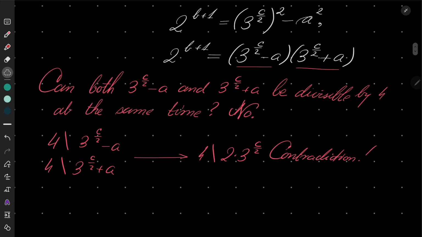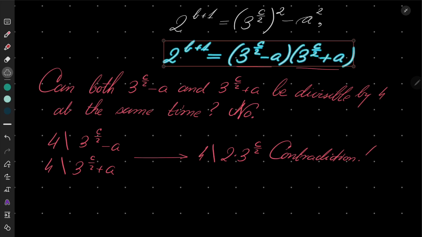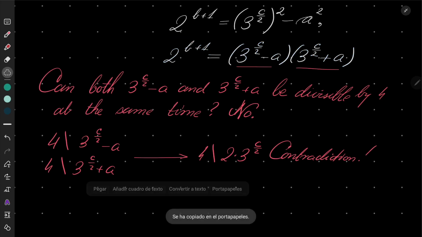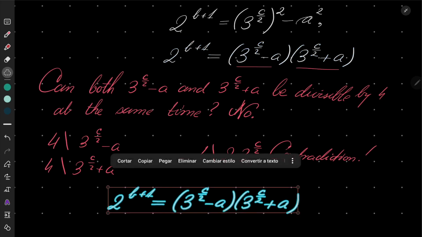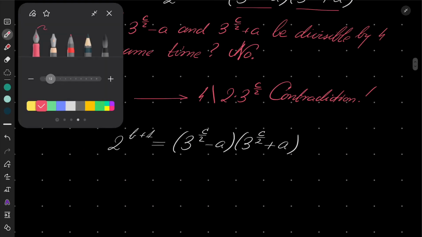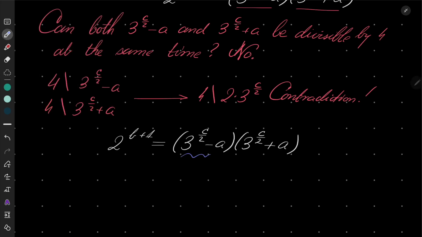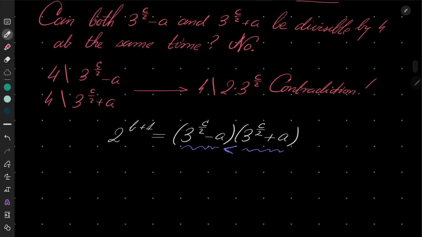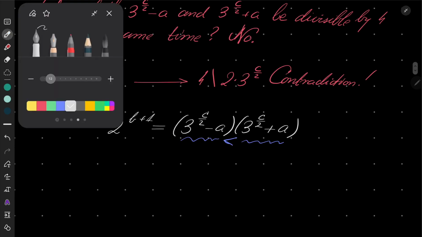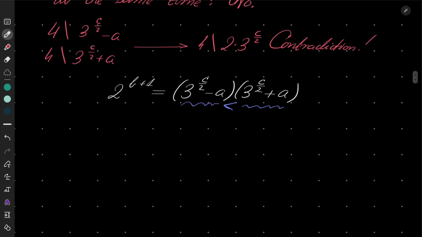So, you know what, let's copy this factorization. And now let's also notice the following, namely this number is obviously less than this number. Why? Because we are dealing with positive integers. So we have now only two options.